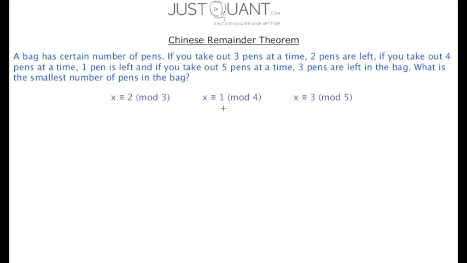Now, in order to apply the Chinese remainder theorem, we must check the coprime condition. Here, both 3 and 4 are coprimes, 4 and 5 are coprimes, and 3 and 5 are coprimes. Hence, the given numbers are pairwise coprime. So we can apply the Chinese remainder theorem.